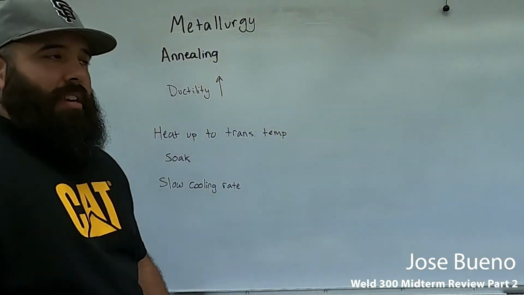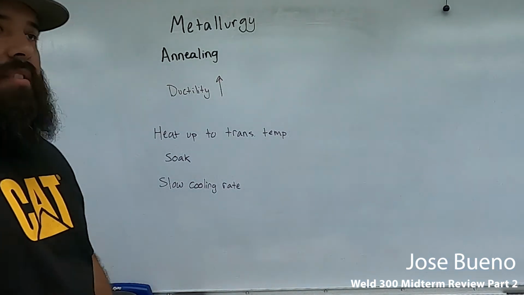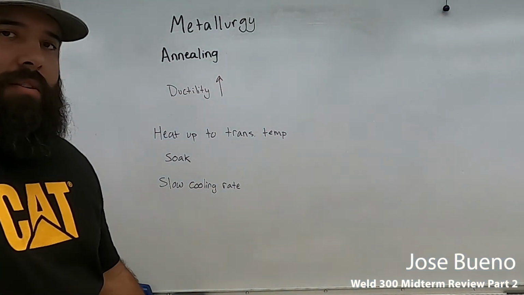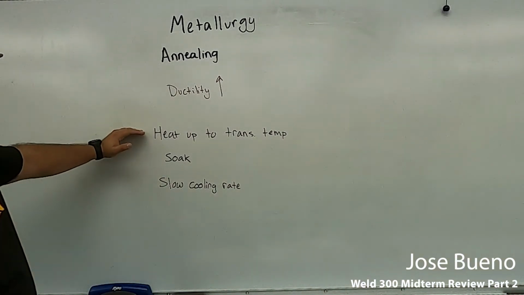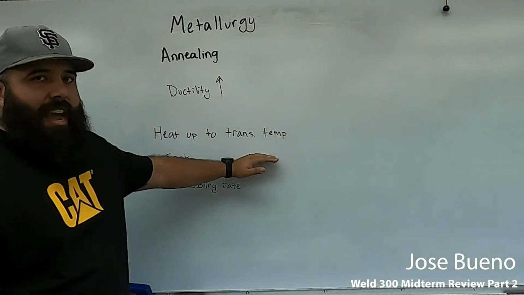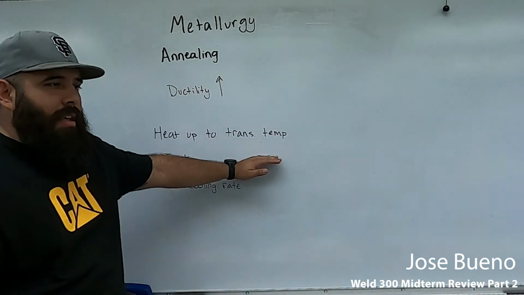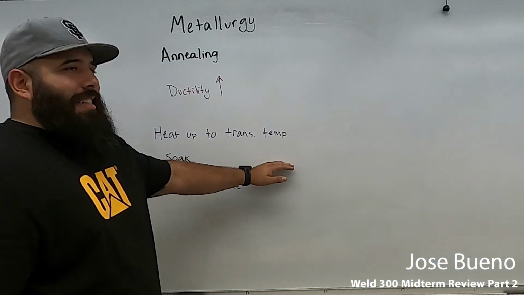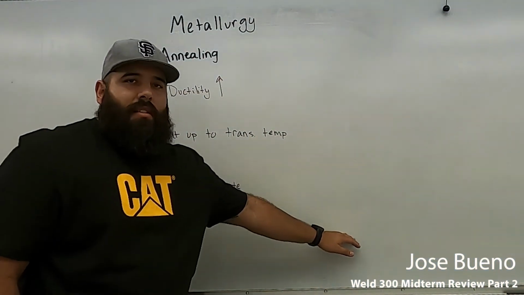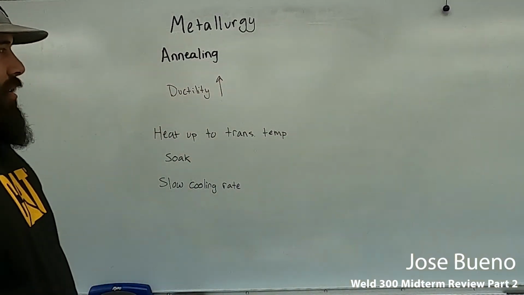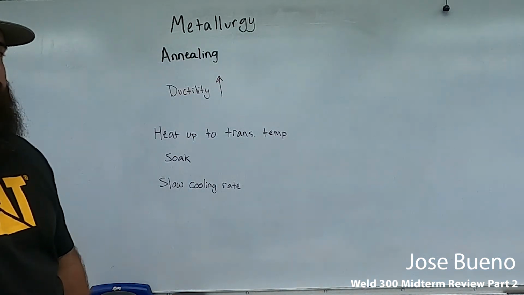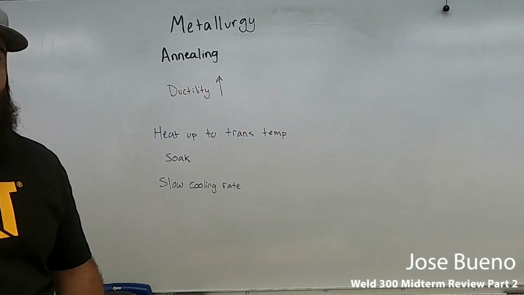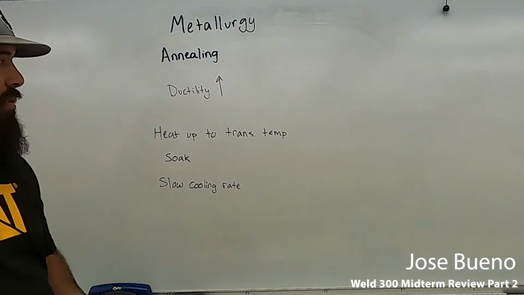Whatever it happens to be, depending on what you're trying to achieve, where you're working, the type of work you're doing, you're heating it up to its transformation temperature, holding it at that temperature for a certain amount of time, and then you're slowly decreasing the heat, again, over time, until it is about room temperature. And this is to soften the material as much as possible.